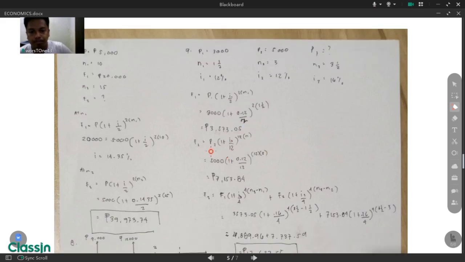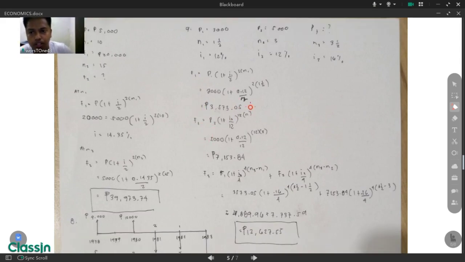Calculating it, we will have a future worth of 3,573.05 pesos.